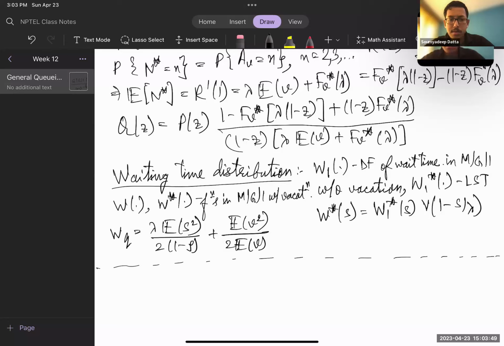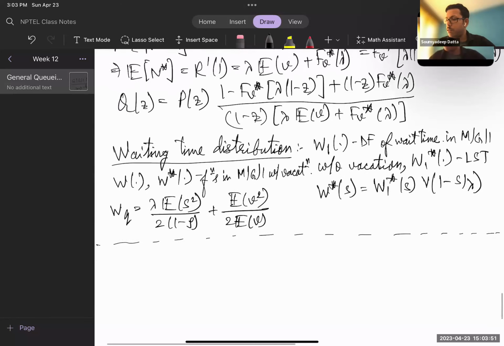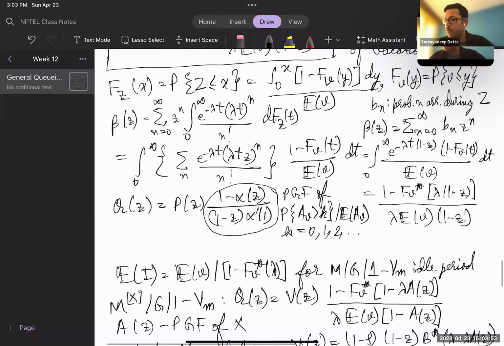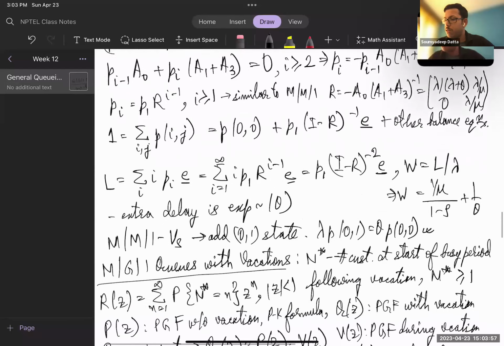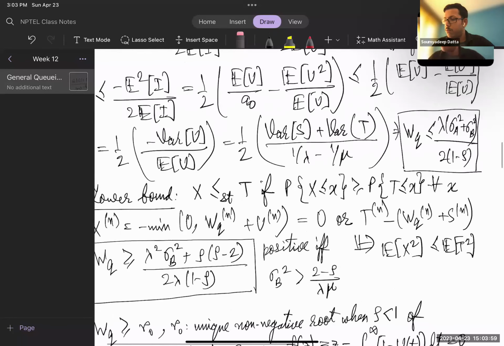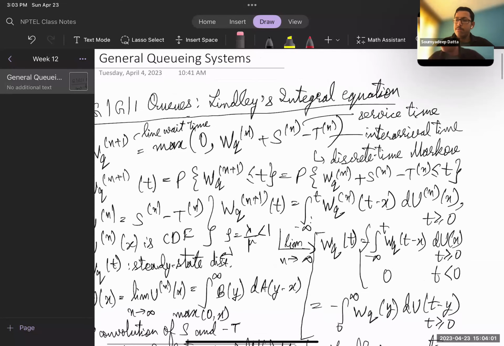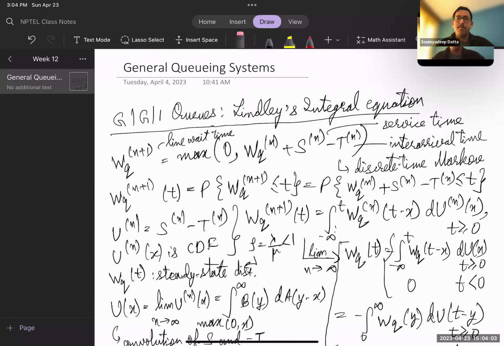I'll start with, actually there are two topics this week. The first topic is GG1 queues, where we have the arrival process and the departure process of a queue both having general distribution. So we don't have any idea of how they behave.